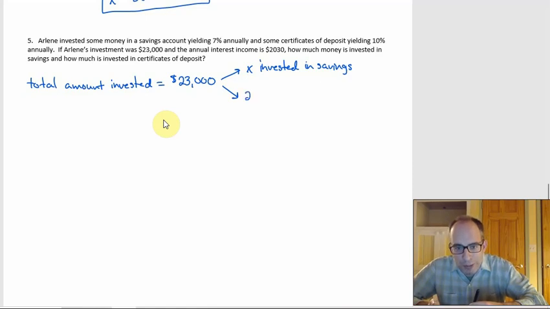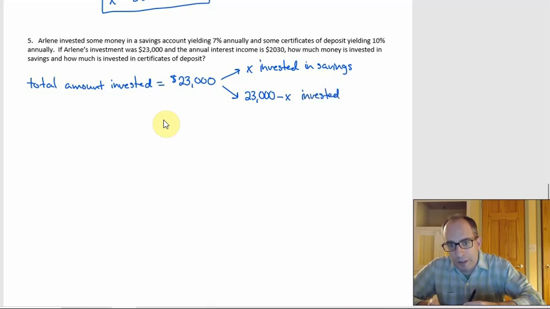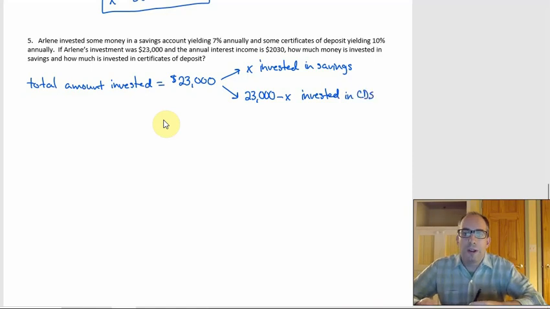And this is where I'm going to use it. How much has to be invested in CDs would have to be this number. It would have to be 23,000 minus X, and that'll be invested in CDs. And it's that the total's got to be 23,000.